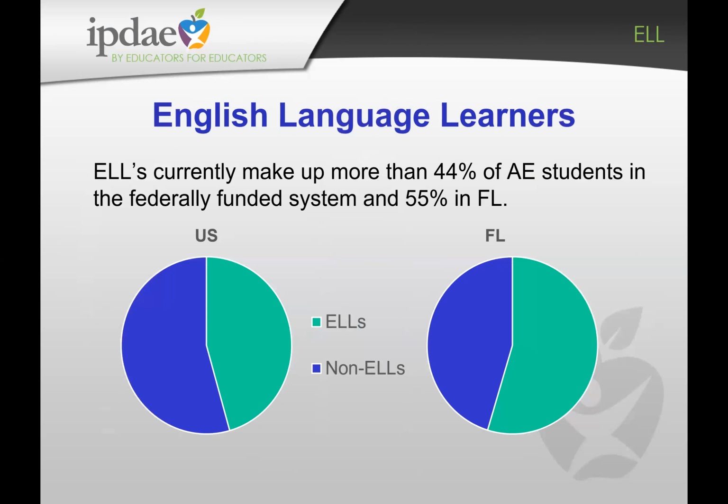And in Florida in particular, 55% of adult education students are ESOL students, or considered English language learners. So whether it be post-secondary adult vocational workforce preparation programs or adult basic education programs, they have English language learners sitting in those classrooms.